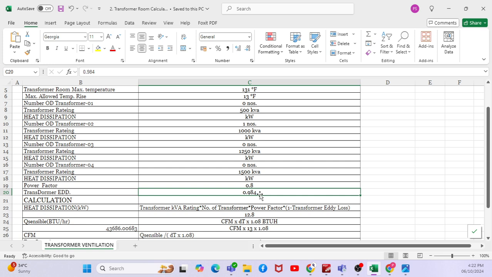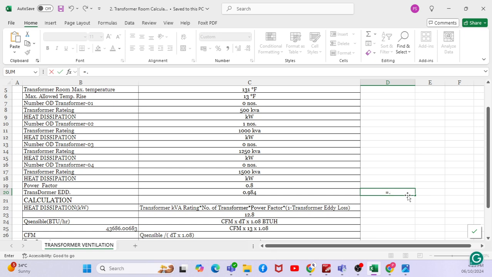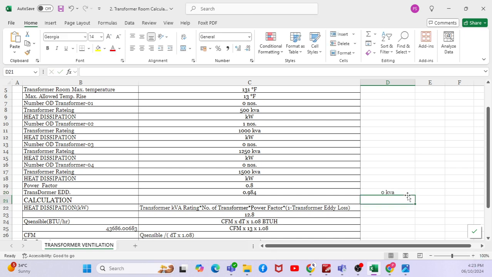Then you can calculate what the loss is. What is the loss in the transformer? If you have 98.4, what is the loss? It will be 1 minus 0.984, so the loss will be 0.016.